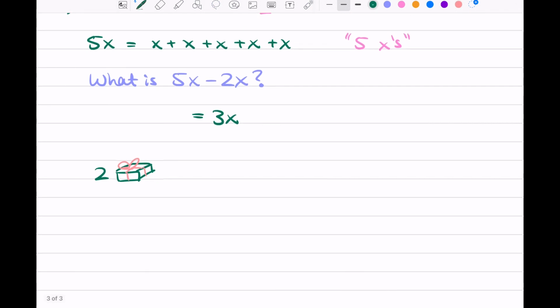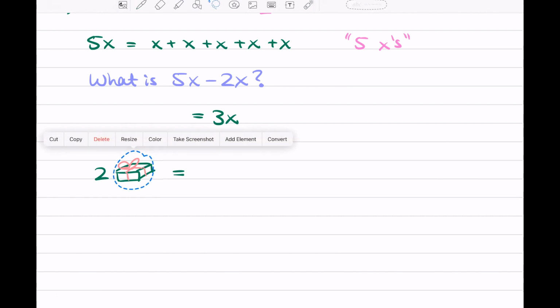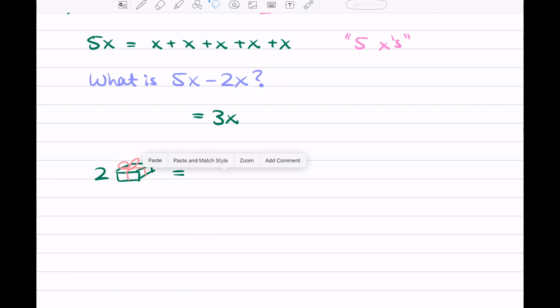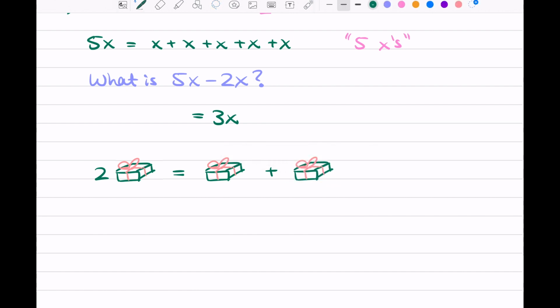So let's say, so what is 2 present? 2 times present. That is present plus present. So you can think of this just as, instead of the x, I just used anything else. You could use anything. It's just a number in disguise.